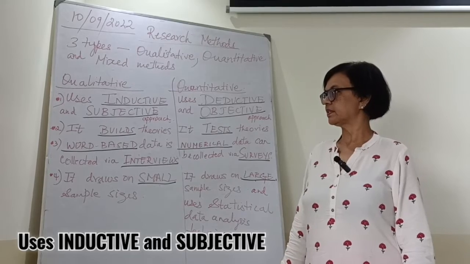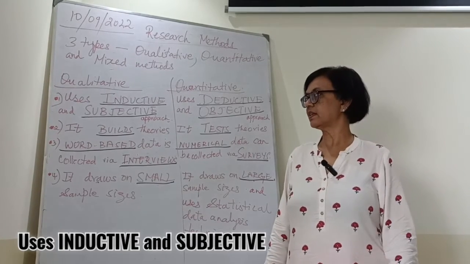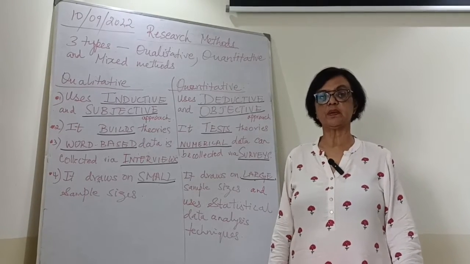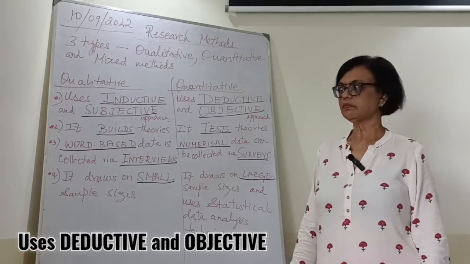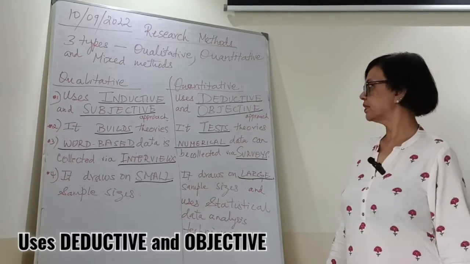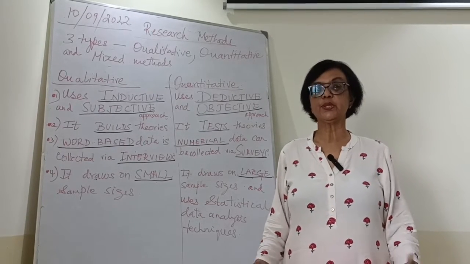The first one is qualitative research method uses inductive and subjective approach. It is based on the subject. And quantitative research method uses deductive and objective approach. So it deduces.